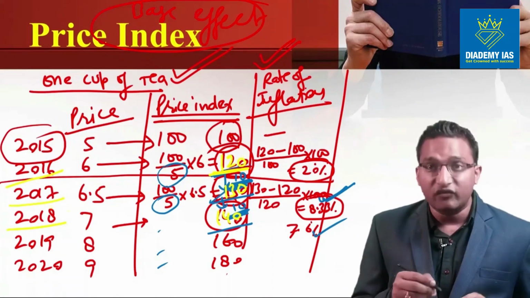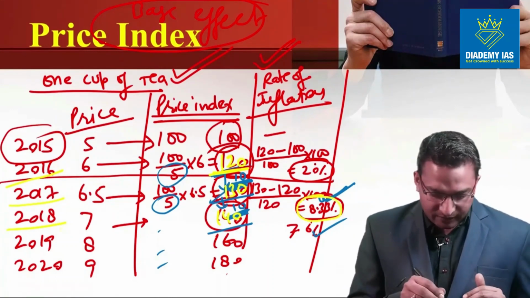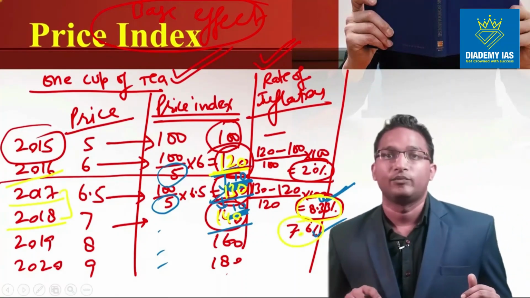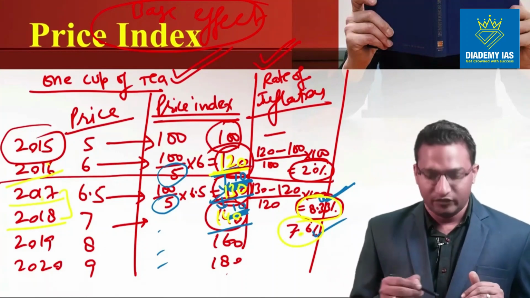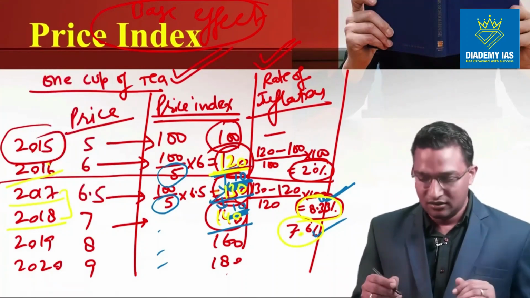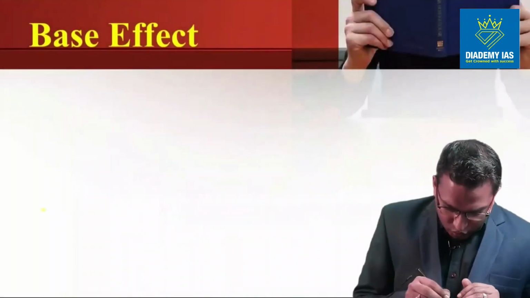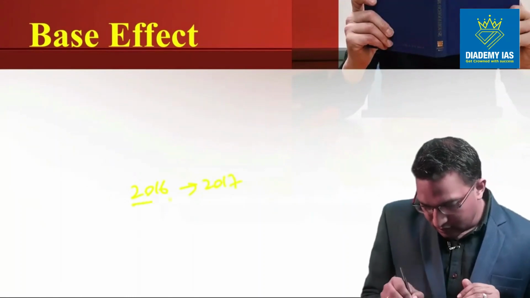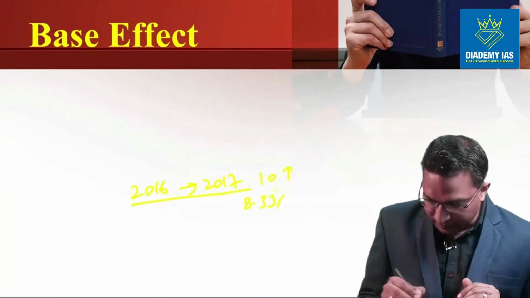The rate of inflation, if we see between 2016 and 2017, is 8.33%, and between 2017 to 2018 this is 7.6%. So we can see that between 2016 and 2017 the price index has moved from 120 to 130, that is by 10 points, and rate of inflation is 8.33%.